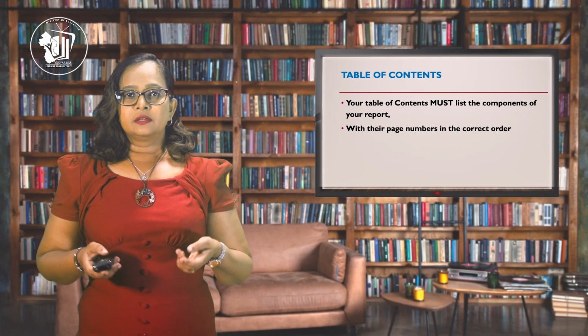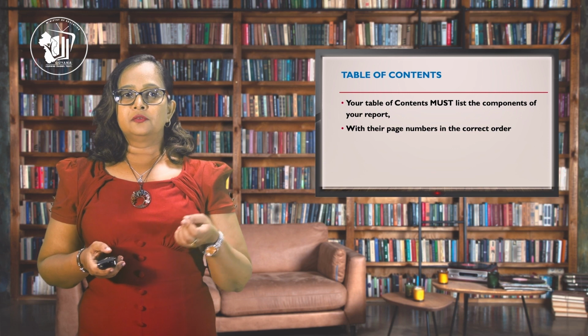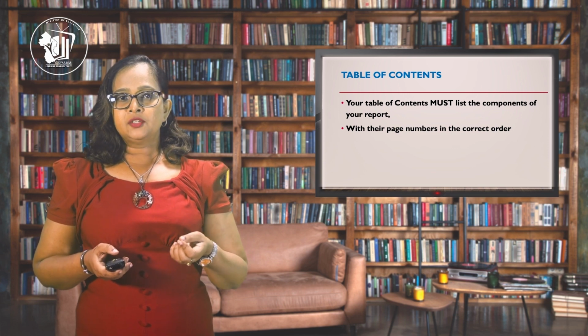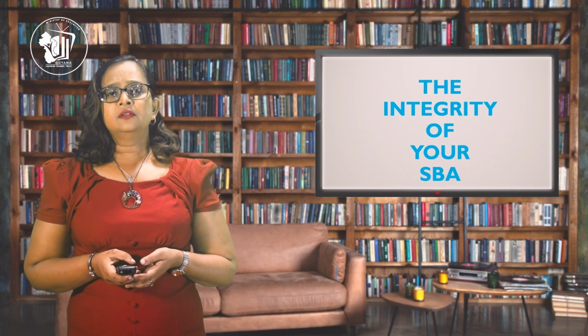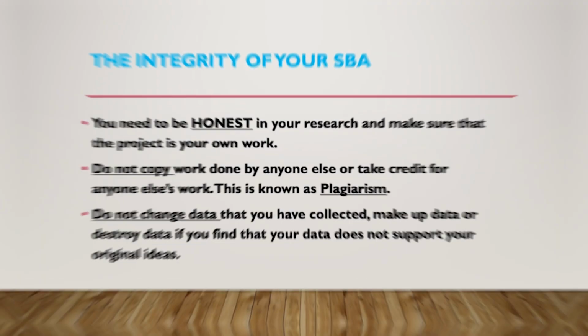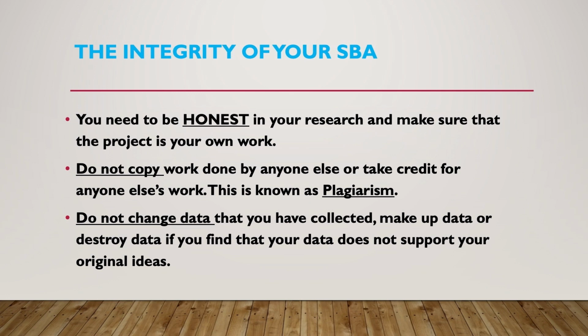Your table of contents must list the components of your report with their page numbers in the correct order. The integrity of your project. You need to be honest in your research and make sure that the project is your own work. Do not copy work done by anyone else or take off anyone else's work from the internet and use it, or even take credit for anyone else's work.